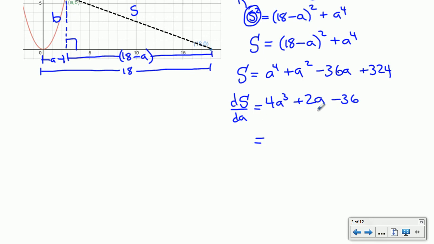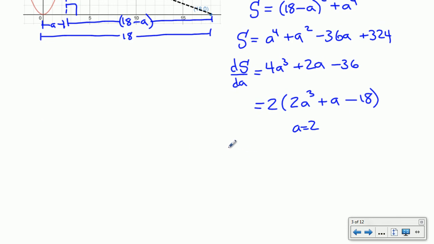I can simplify this a little bit by removing a 2 from everything, leaving me with 2a cubed plus a minus 18. So it would be helpful at this point to know that a 0 for this is 2. So a equals 2 is a 0 for the thing in brackets here.